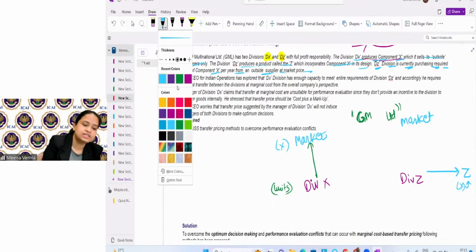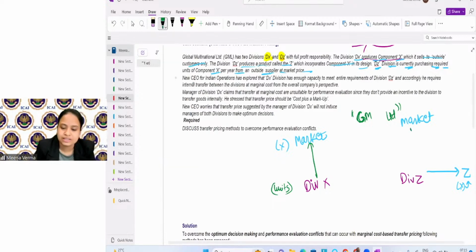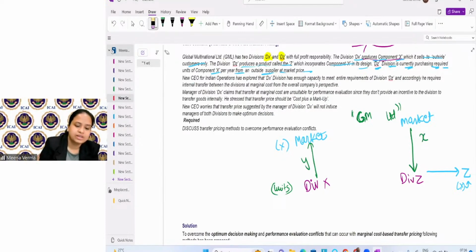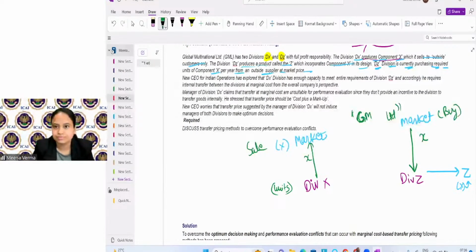It is given that they are buying this product from the market. They are buying X from the market. This division is selling X in the market, and this division buys X from the market. Okay.